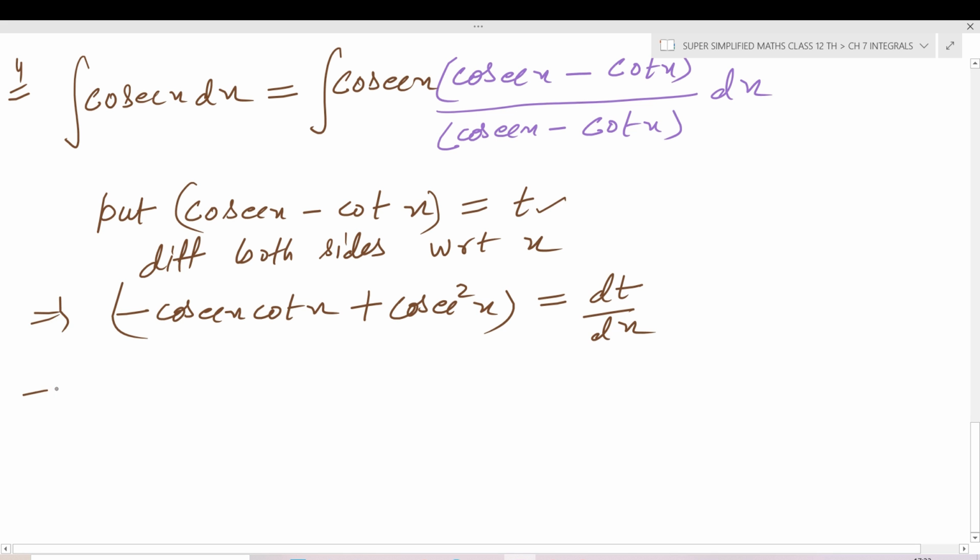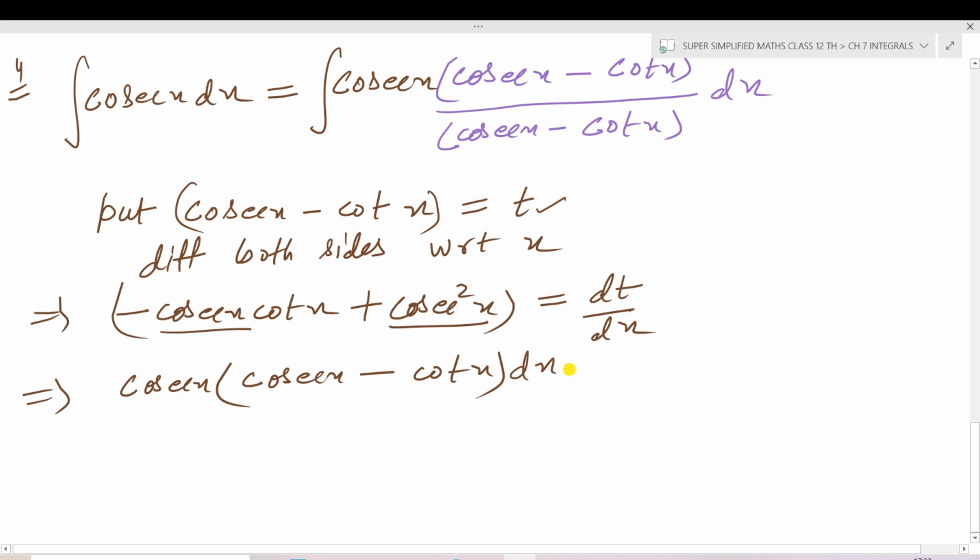In the next step, from this numerator I will take cosec x common. Also I will write this term first, so I will have cosec x minus cot x. If I take cosec x common, from this positive term I am left with cosec x, and from this negative term I am left with cot x. Also I can cross multiply this dx over here, so I can write dx over here and dt.